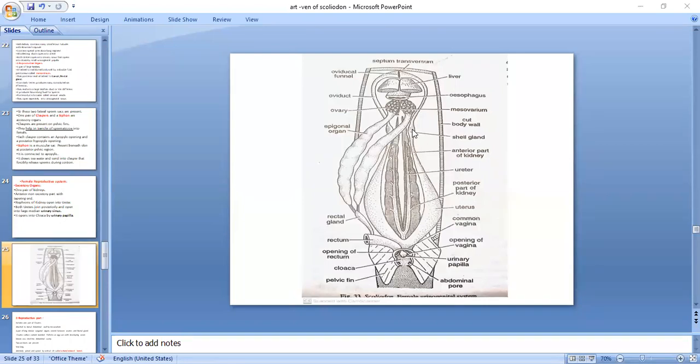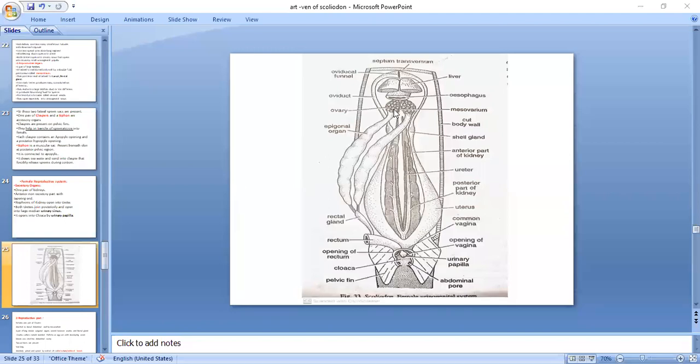Here the oviduct continues posteriorly as a broad structure on either side. That is called the uterus, where the developing embryo is grown. These uteri open into a common uterus, which ultimately opens into the cloaca.